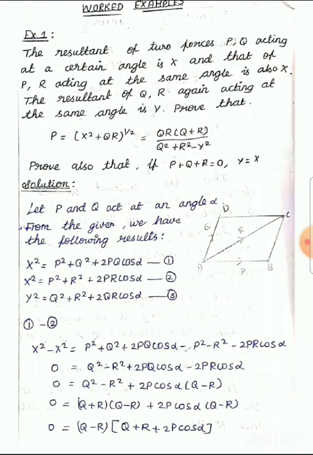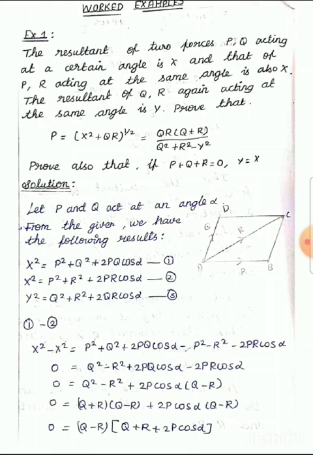Next, taking 2P as common, we write 0 is equal to Q squared minus R squared plus 2P cos alpha, taking Q minus R as common. We apply the formula a squared minus b squared is equal to (a plus b) into (a minus b).